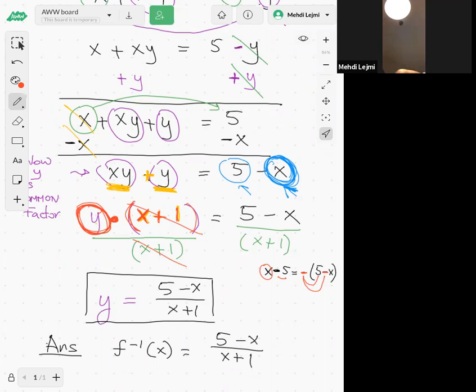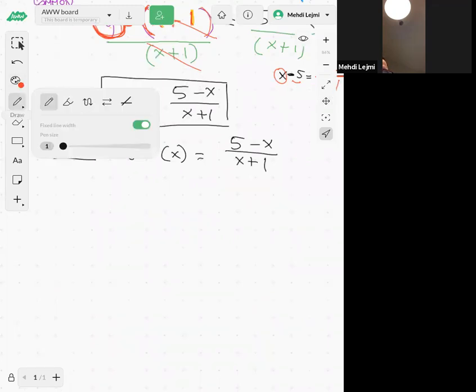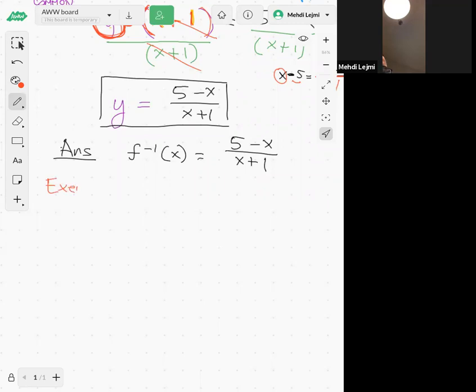All right, guys. So here's another similar exercise. Just make sure that you know how to solve such a problem. Okay, exercise. I'm going to give you a little bit different functions. So let's say f of x is 2 minus 3x over, in the bottom, 4 minus 5x.